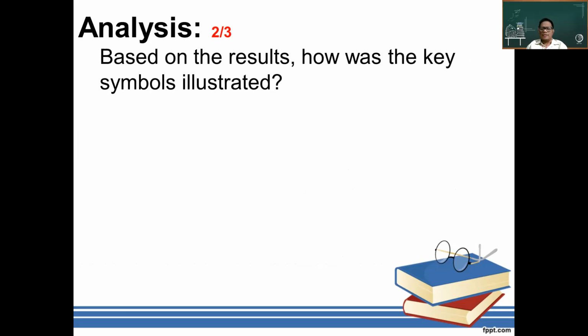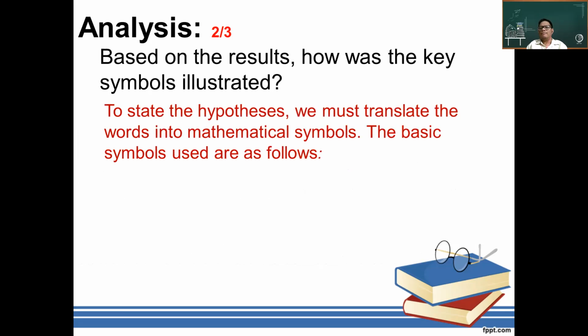How were the key symbols illustrated? We have already used 4 symbols, but when you reach higher statistics, more symbols will be added. To state the hypothesis, we must translate the words into mathematical symbols. So what are the basic symbols? Equal sign, unequal sign, greater than, and less than.